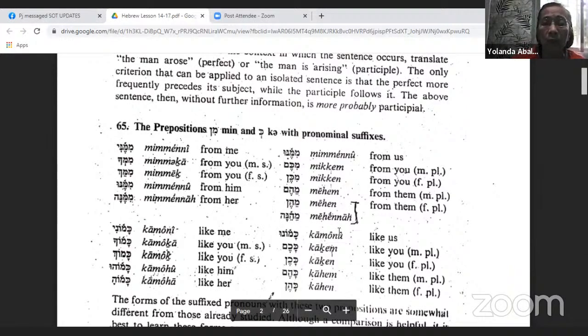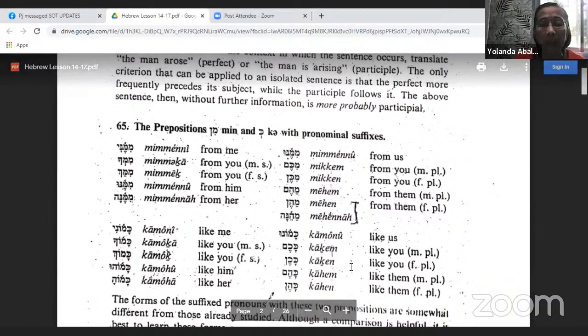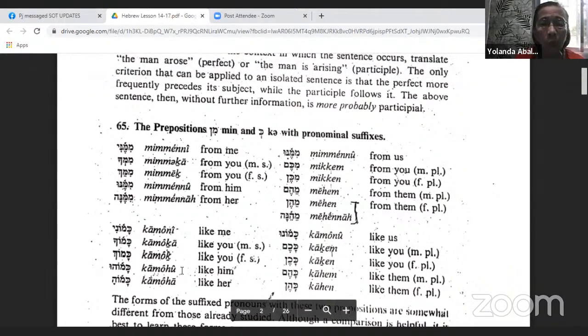Kamoka, like you, man. Kakem, like you, men. Kamok, like you, woman. Kaken, like you, women. Kamohu, like him. Kamoha, like her. Kahem, like the men. Kahen, like the women.